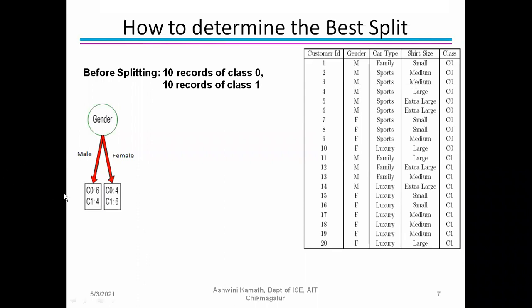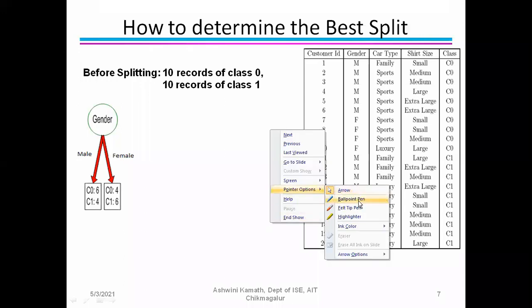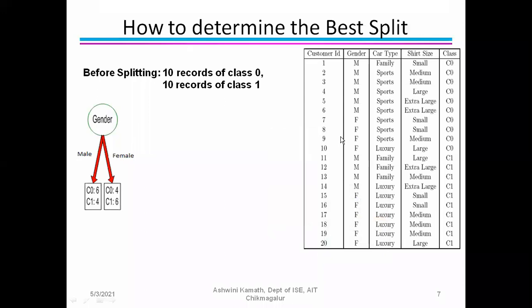For male, we have 6 C0 records and 4 C1 records. You can notice here, this is male, C0, then again male, C0. Like this, we have 6 values.